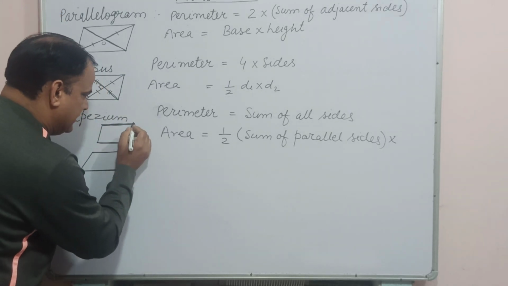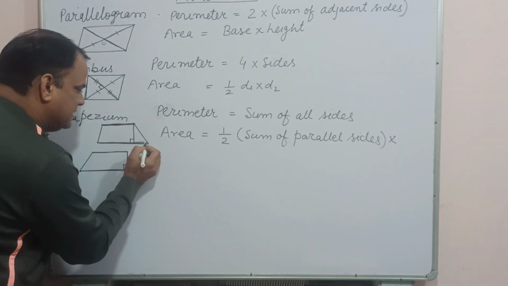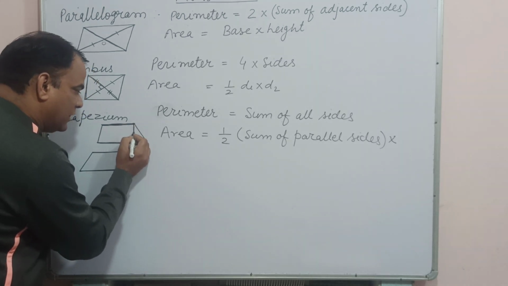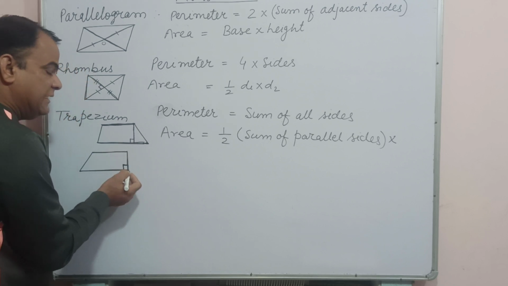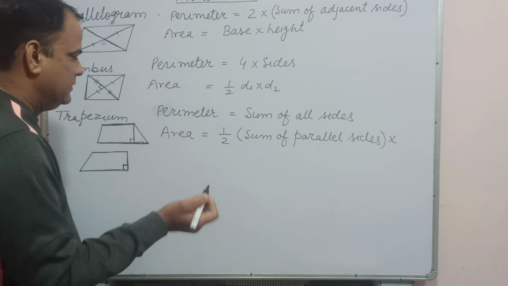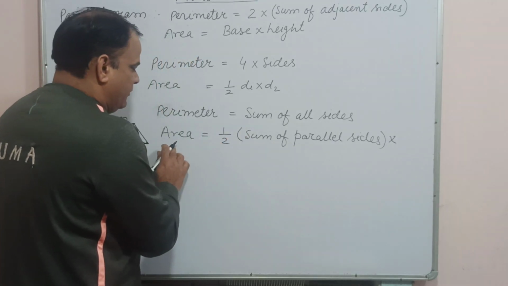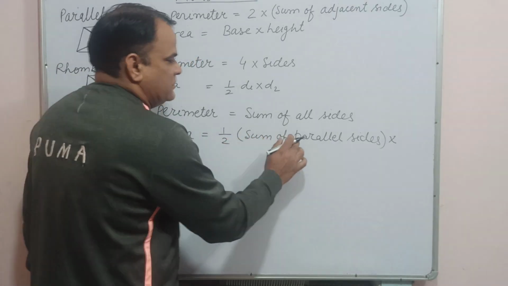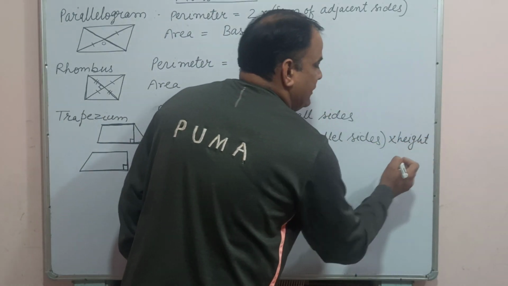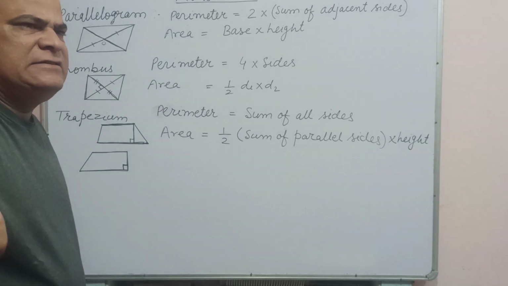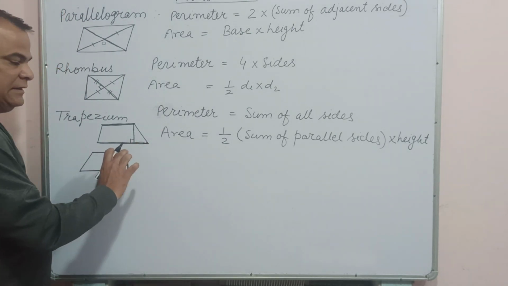This is 90 degrees, so we can say that this is the distance between parallel sides, or the height of the trapezium. This is also known as the height because it is already a right angle. So the area of a trapezium equals 1 upon 2 times the sum of parallel sides into the height of the figure, or the distance between two parallel sides.